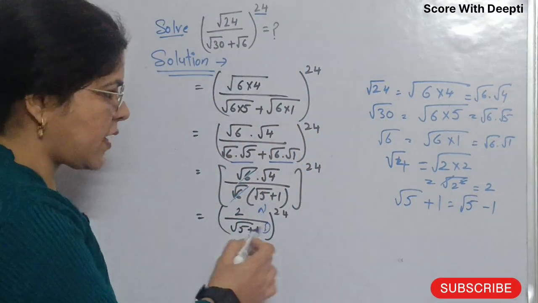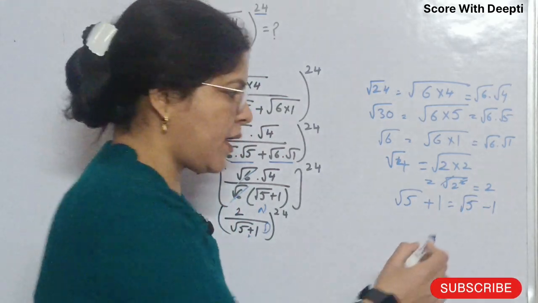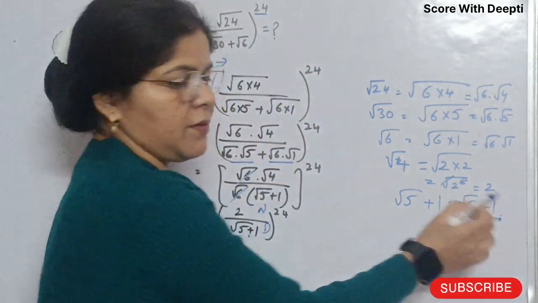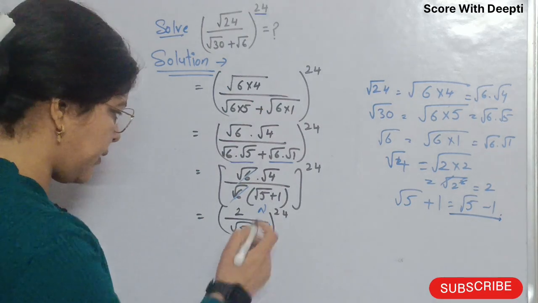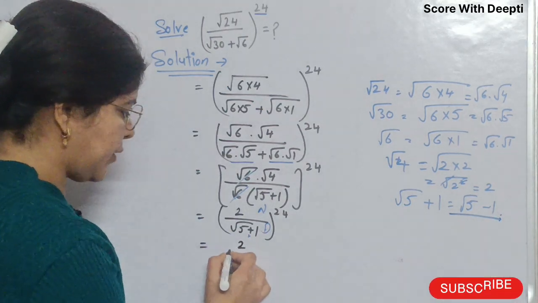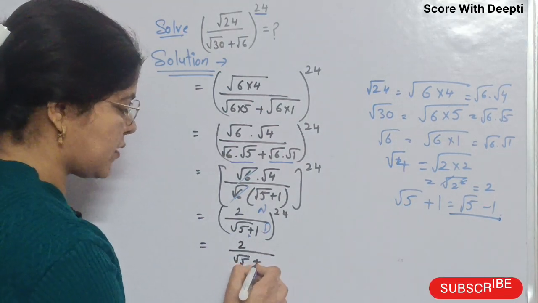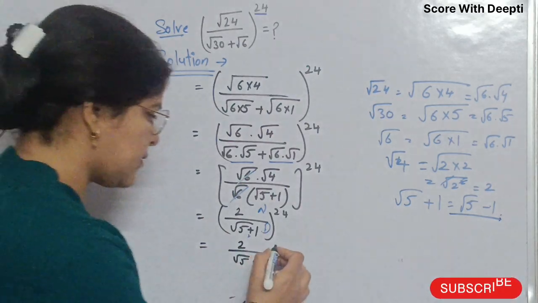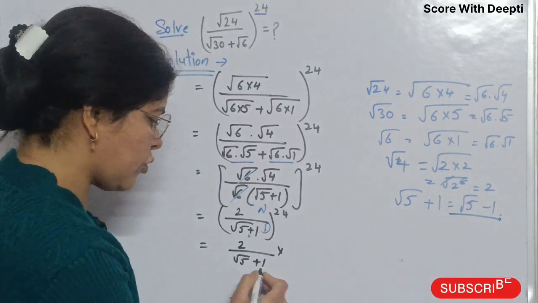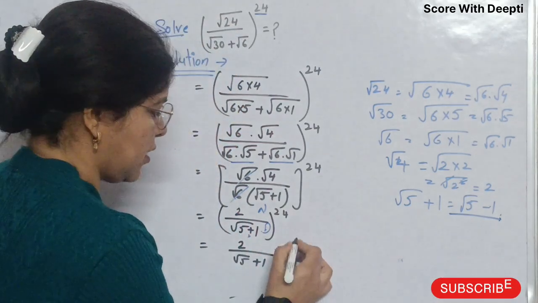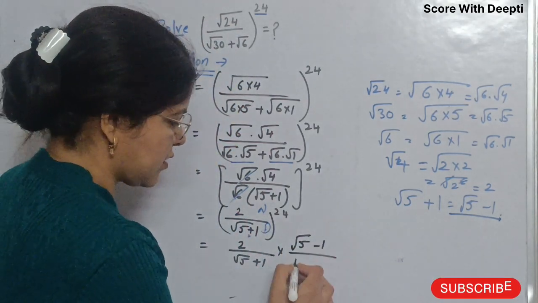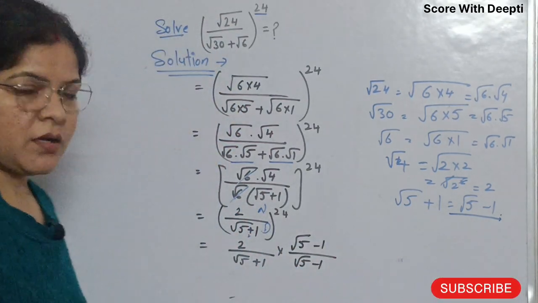Means here is a plus sign, we take a minus sign, and multiply numerator and denominator. So first we write 2 over square root 5 plus 1, and next we multiply by the conjugate, square root 5 minus 1 over square root 5 minus 1.